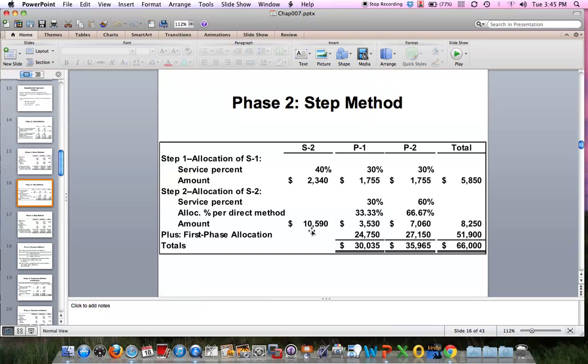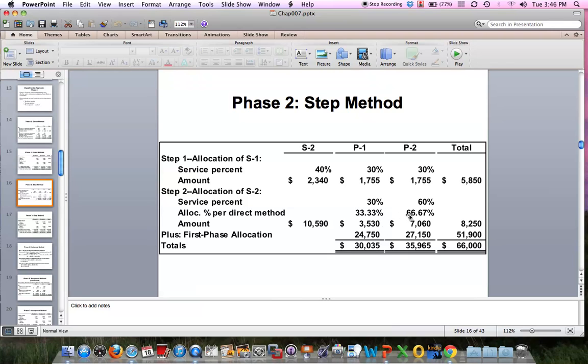So this 10,590 needs to be allocated to Production 1 and Production 2. We talked earlier that 30% of Service 2 goes to Production 1, and 60% of Service 2 goes to Production 2. And so that's a ratio of 1/3, 2/3. 30 plus 60 is 90. So 30 over 90 is 1/3 and 60 over 90 is 2/3, that's our percentages.